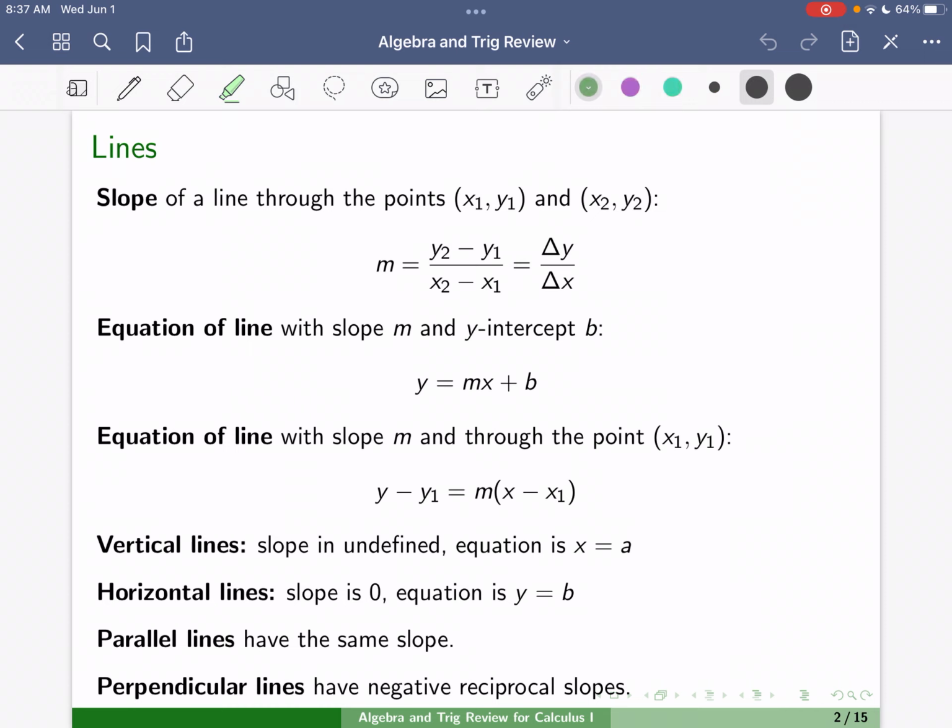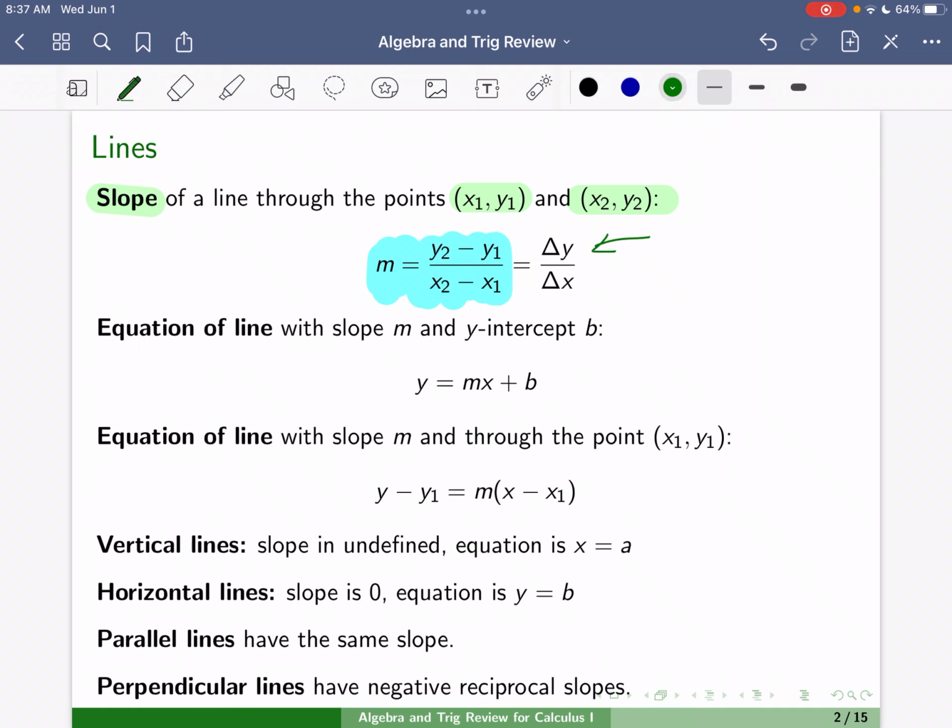When we look at the slope of a line through 2 points, x1, y1, and x2, y2, that slope is simply the change in y over the change in x. Notationally, we will write this with this notation right here.